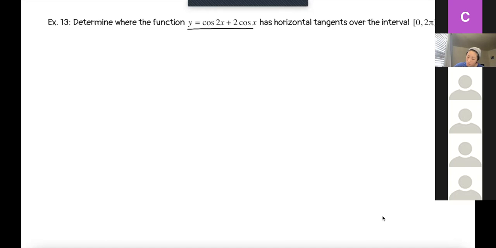So someone remind me, when we're looking for horizontal tangents, what are we looking for? How do we connect what we learned about calculus to the idea of a horizontal tangent? Okay, horizontal tangents means where the slope equals 0. Now, how do we write that in terms of calculus notation?